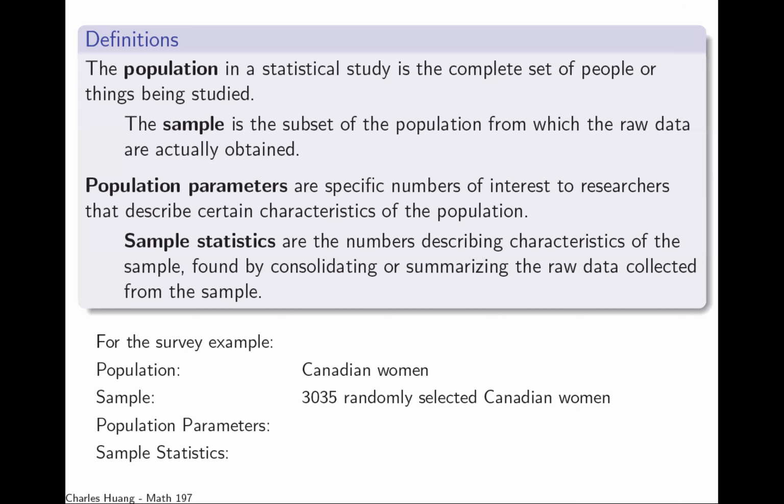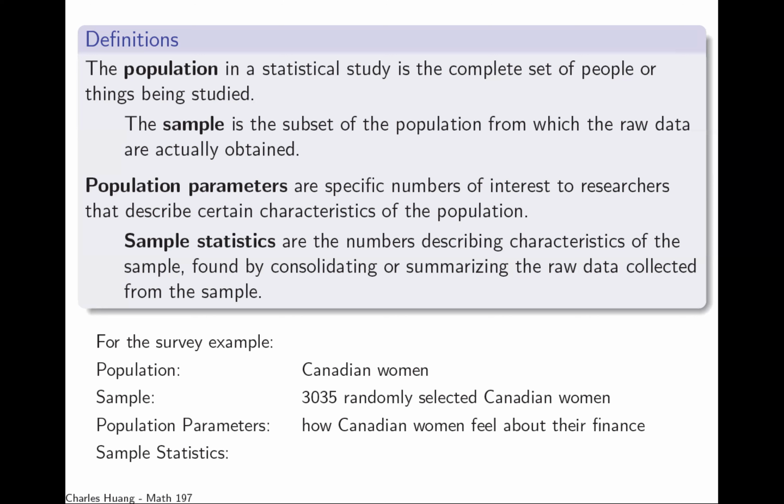Population parameters are the numbers of interest that we use to describe the population. In this case, we are talking about the percentage of Canadian women who feel like they are concerned about their finance. So it's actually the number associated with it, the population parameter.